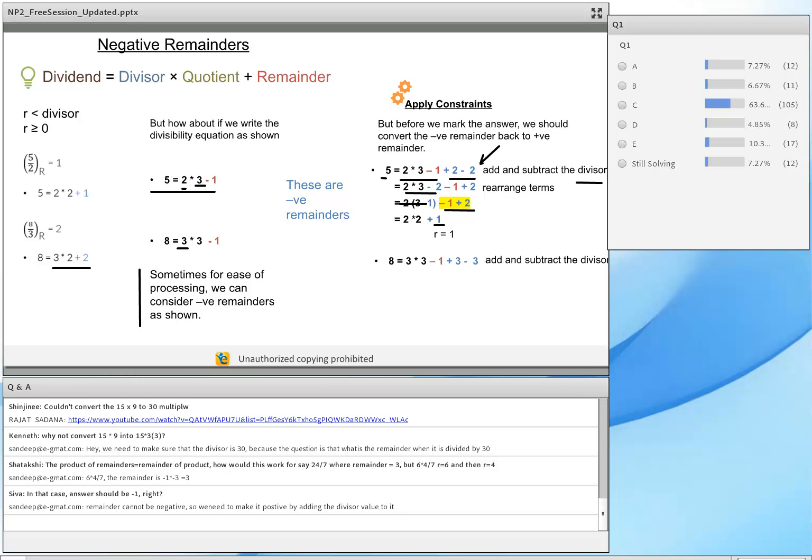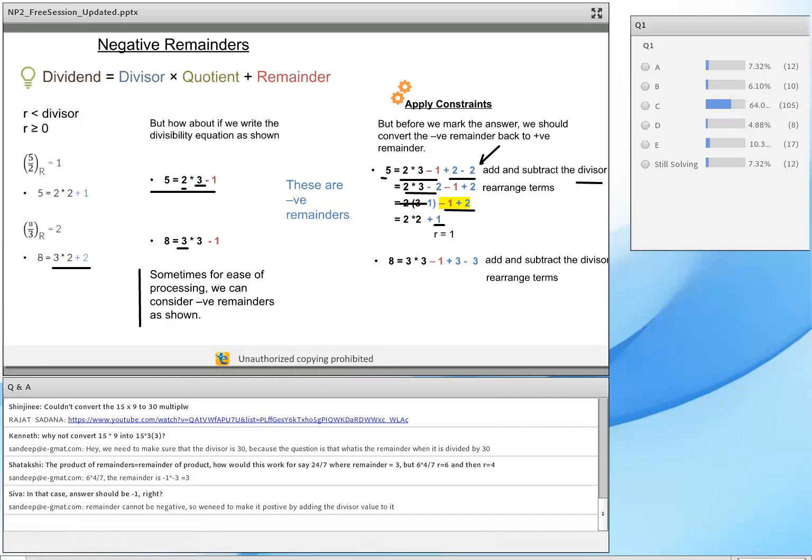Over here, we also express 8 as 3 times 3 minus 1, and then we add plus 3 and minus 3. Again, we've added and subtracted the divisor.